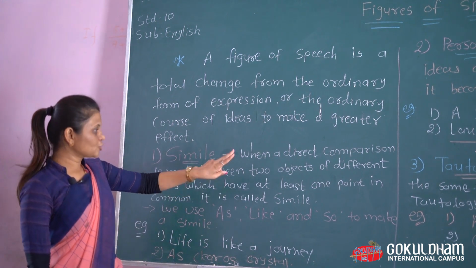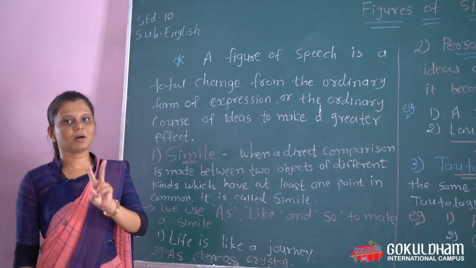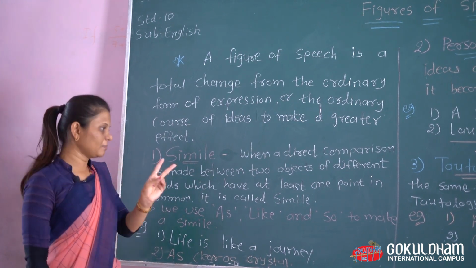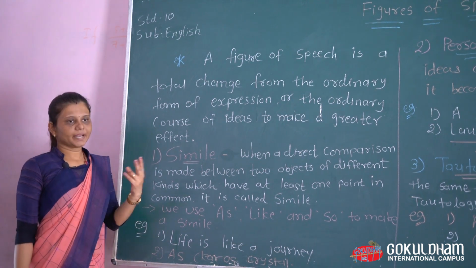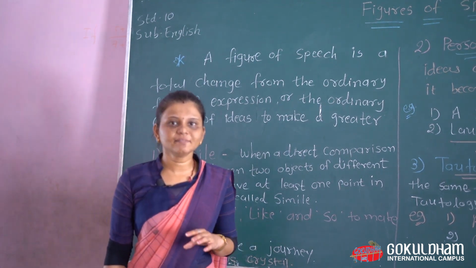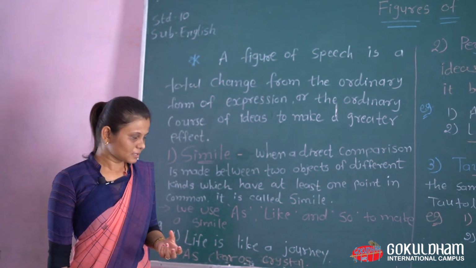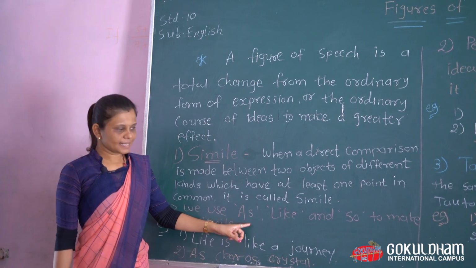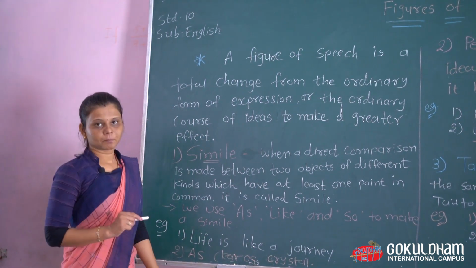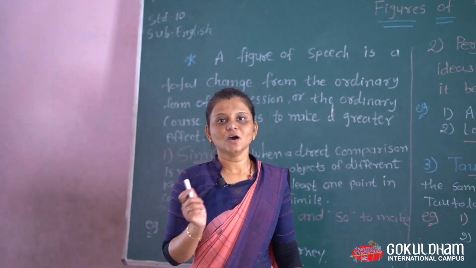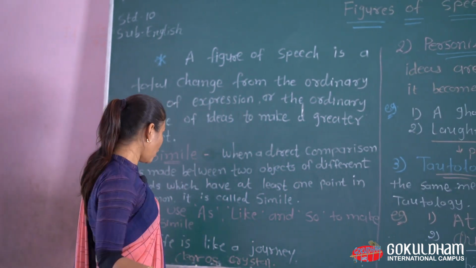The 2 different objects can be compared and one point is common in that comparison. You can identify this figure with some words. We use as, like and so to make a simile. In this kind of figure, we use these 3 words to compare the objects.